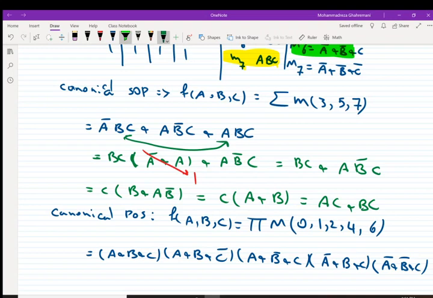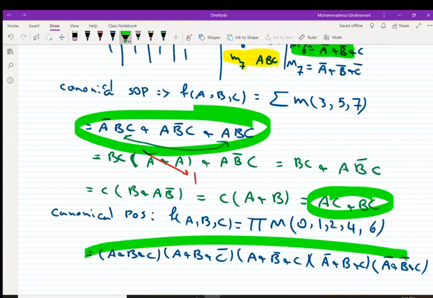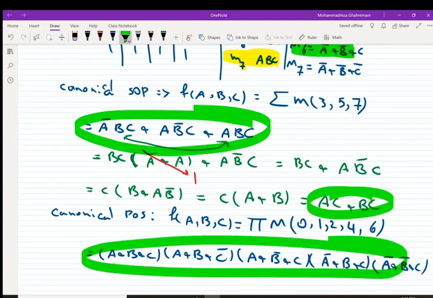One thing which is important: this function is exactly the same as this function, and exactly the same as this function. All of them are the same. This one is in the form of product of sum. These two, this one and this one, are in the sum of product form.